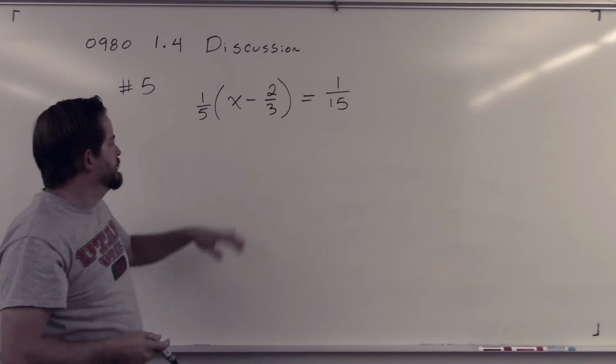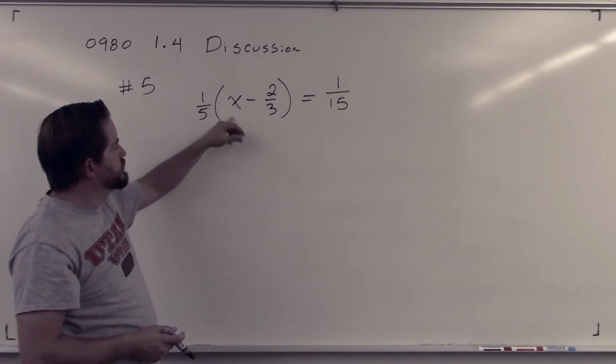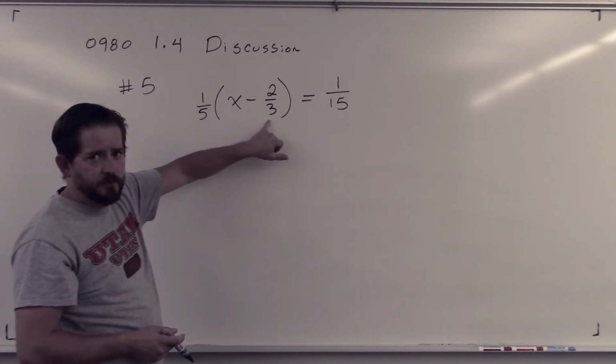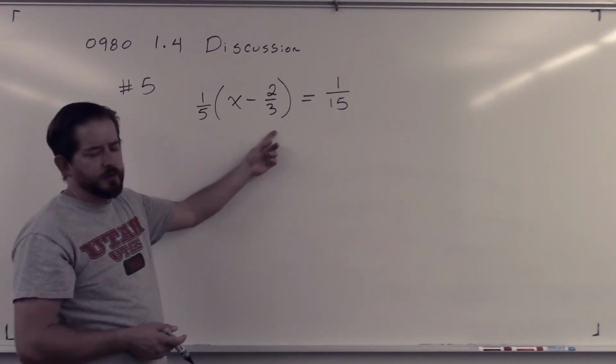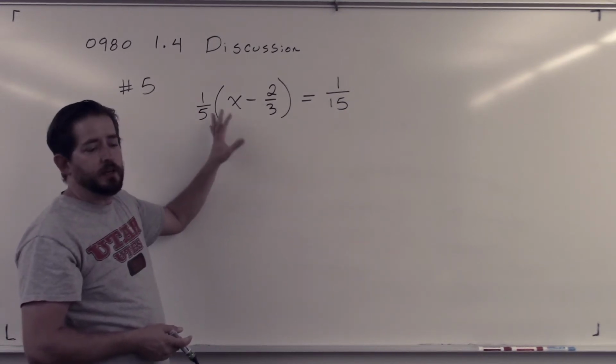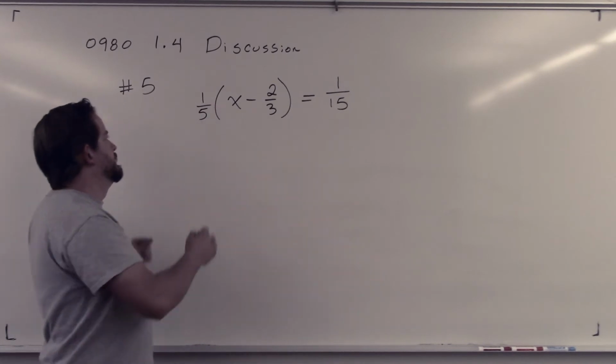So we have to be careful here. This 1/5, when it gets distributed through, is going to multiply into this fraction as well. It's probably easiest to take and distribute this fraction before we start trying to get rid of the fractions. So that's what I'll do.